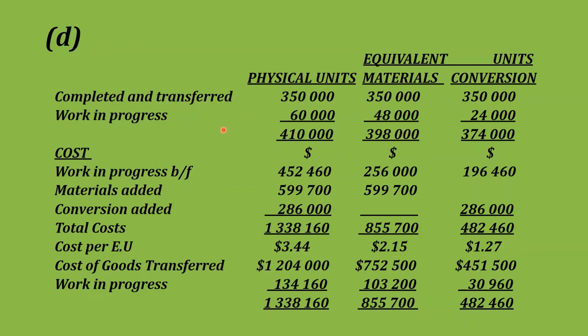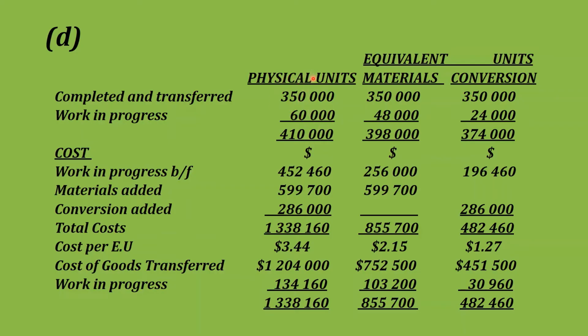Okay, in a nice table, and you didn't have to do this in an exam, but this is more so that I can explain it to you all, right? When you take the physical units here, you always account for the physical units.